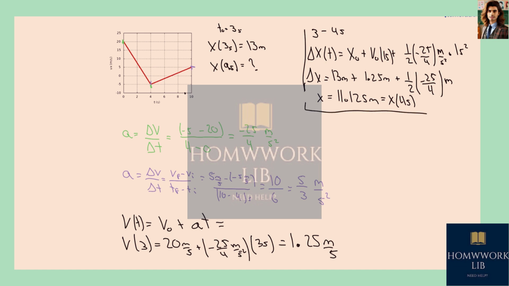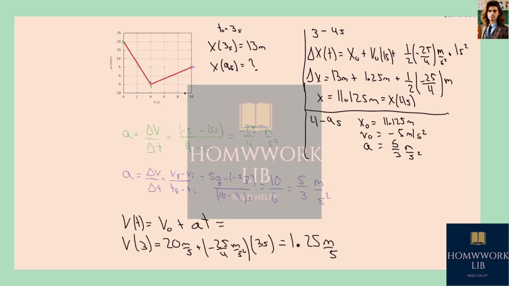Now the second part of the movement that we're interested in is the section from 4 to 9 seconds. We know that the initial position is 11.125 meters. We know that the initial velocity from the graph is going to be equal to minus 5 meters per second. And we know that the acceleration coming from the graph is going to be equal to 5/3 meters per second squared.